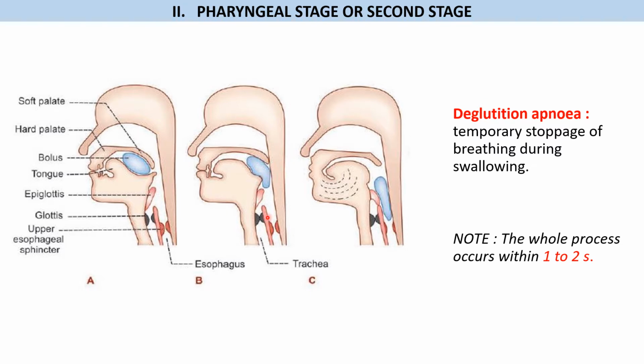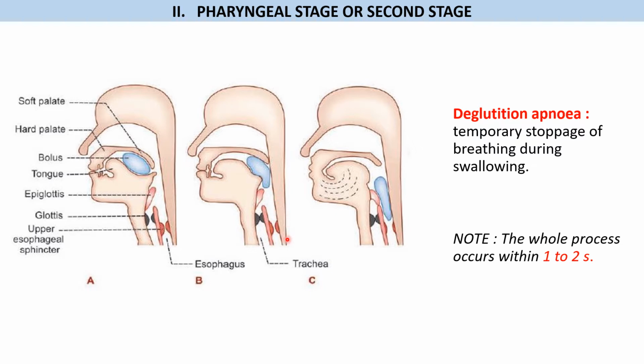All these activities which I mentioned guide the bolus of the food towards the esophagus and prevent its entry into the trachea. Just before the bolus enters the esophagus, the otherwise tightly closed upper esophageal sphincter relaxes and opens up to allow the entry of bolus into the esophagus.